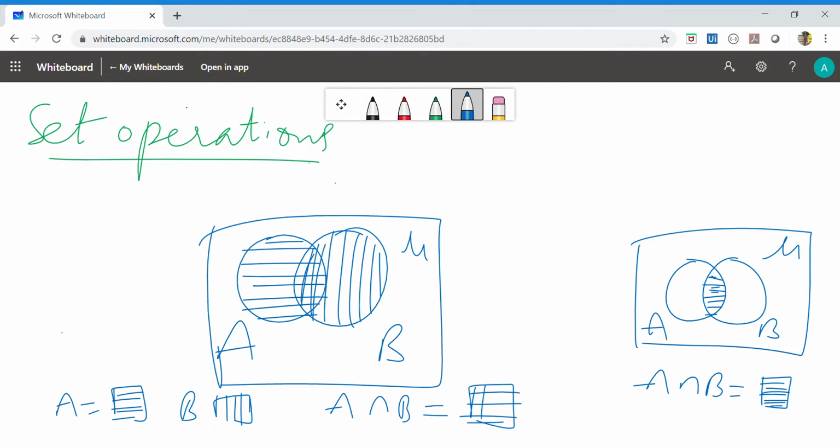A intersection B is the double shaded region in the middle part. This part becomes the intersection of A and B.